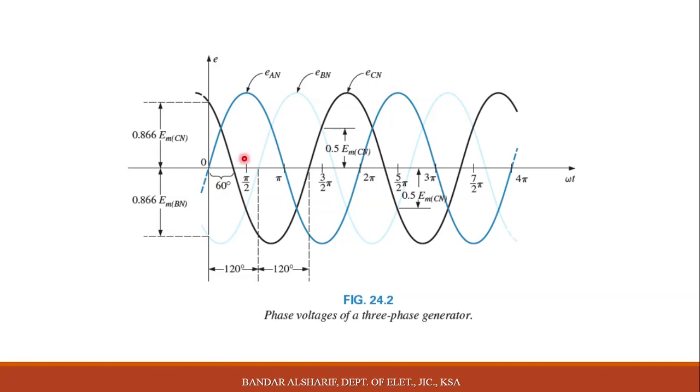As we know before the midterm, when we draw the sine waveform, you will notice that between phase EAN and EBN there is a shift of 120 degrees, and it's similar between EBN and ECN. Between each phase and the next there is a shift of 120 degrees.